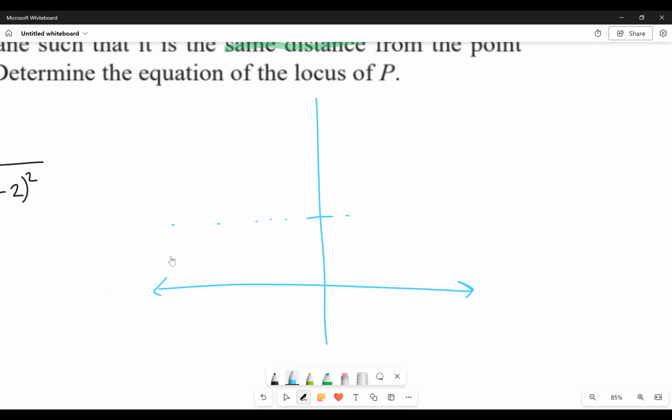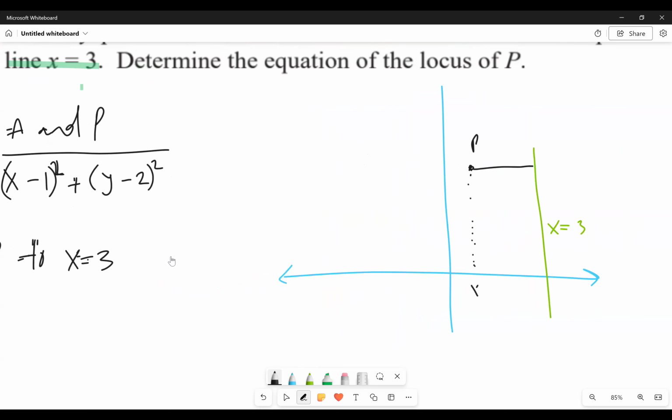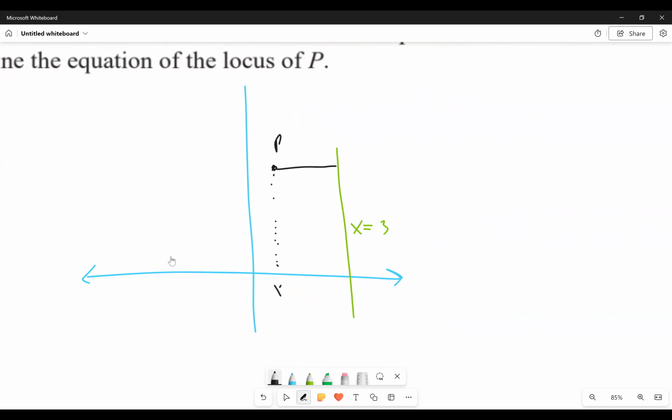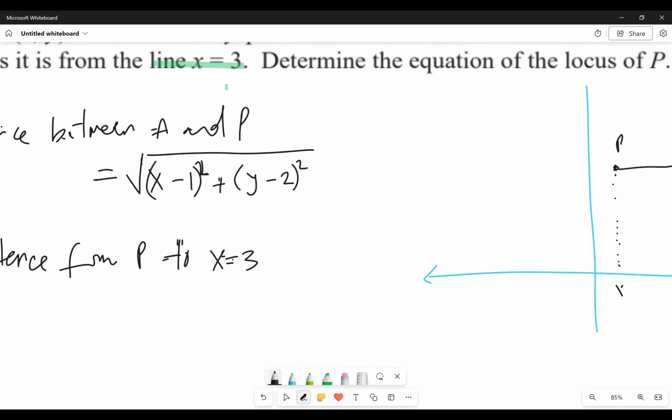We have the line x equals 3, and we have some point right here, call it P. We want to find the distance here. The distance is going to be this x value, so 3 minus x. It could be on the other side, so 3 minus x is the one you chose to use. So let's use that. That's 3 minus x.